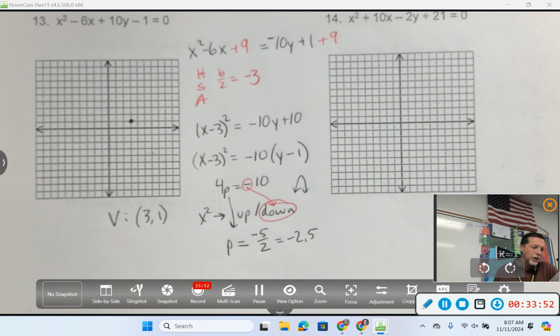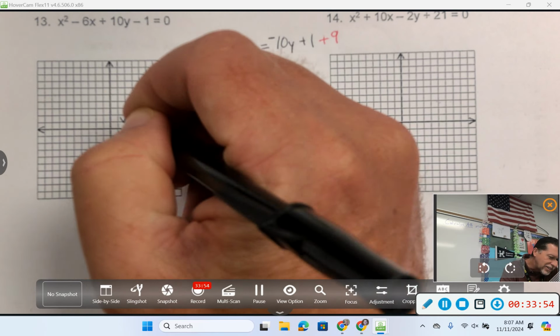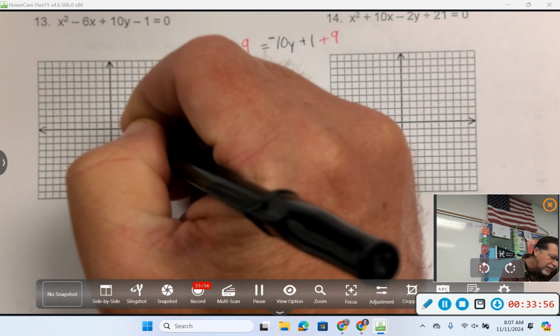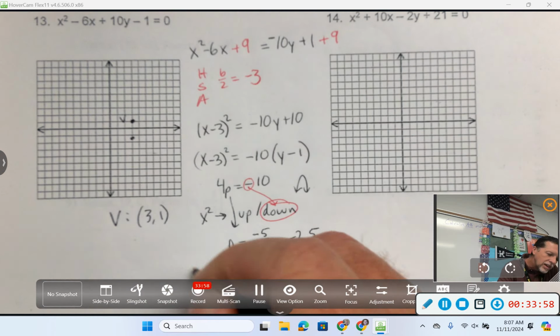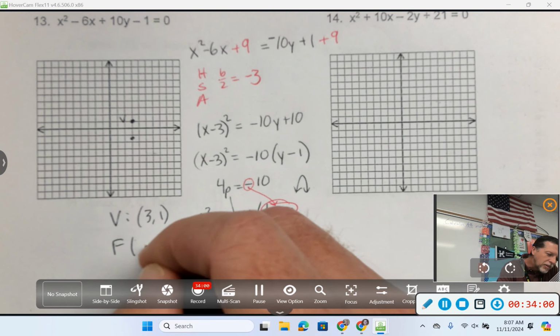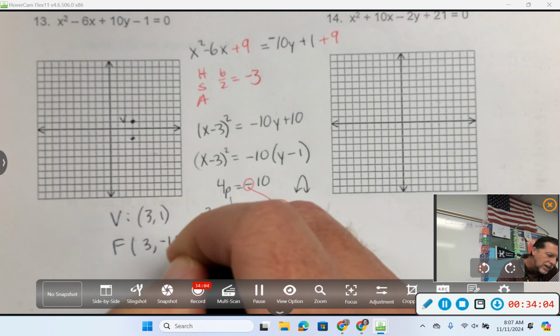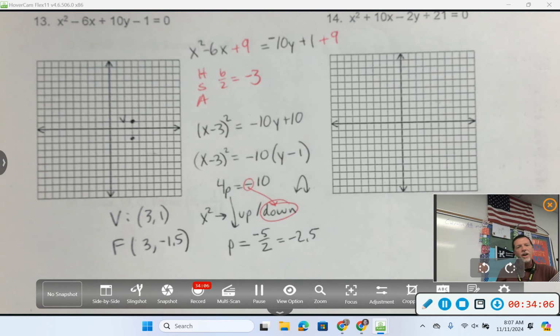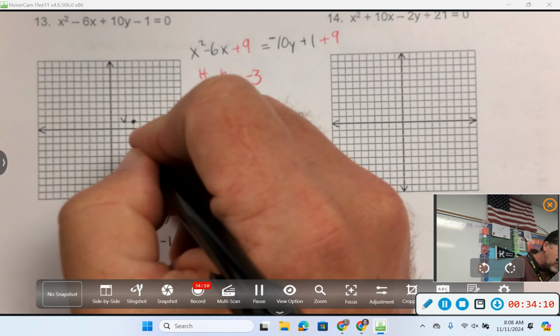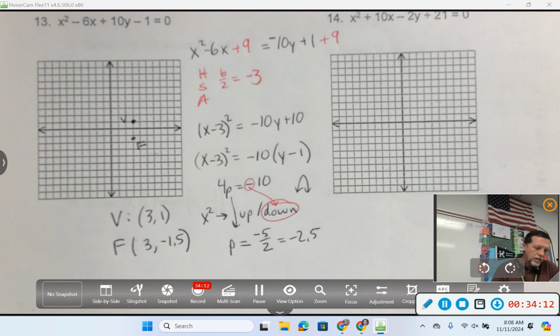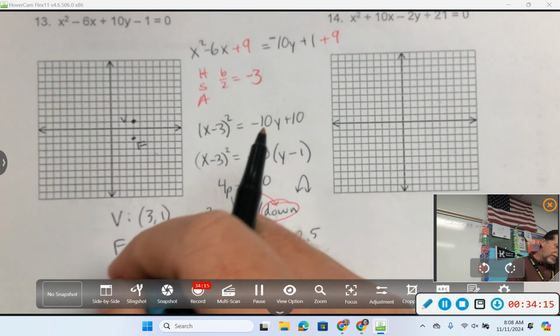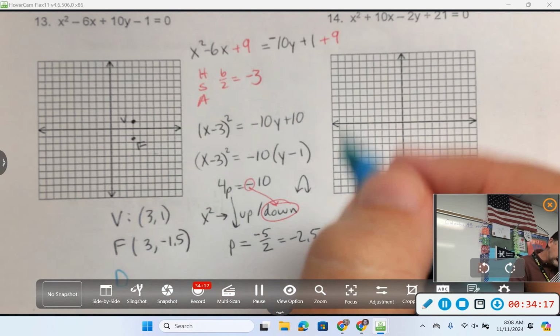Which way am I going to go? Down 2.5. So my focus is over 3 and then negative 1.5 because it went down 2.5 from the vertex. My directrix is on the other side, so up 2.5.